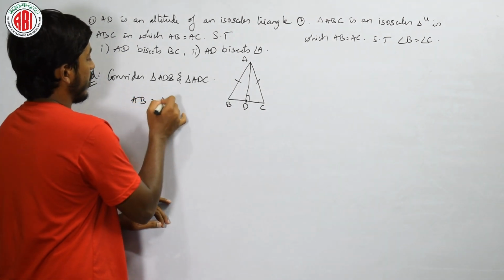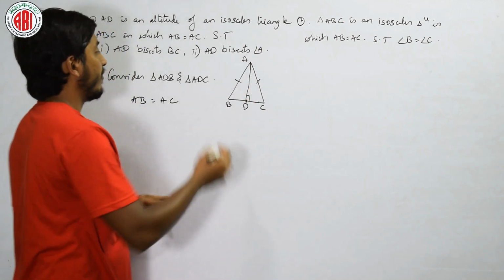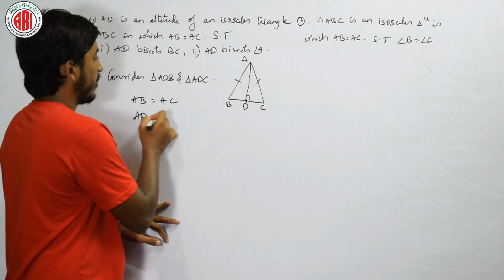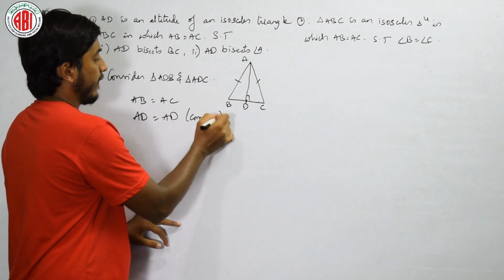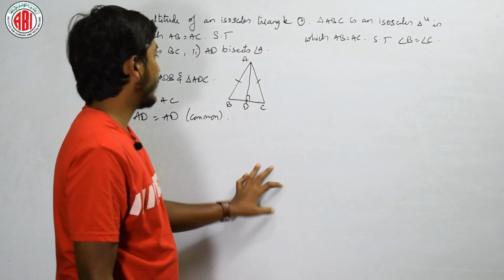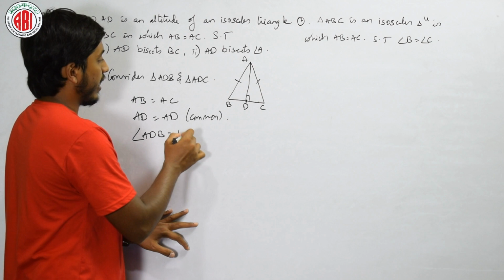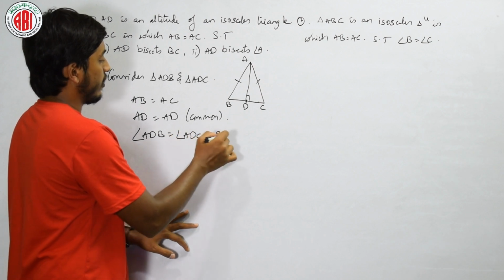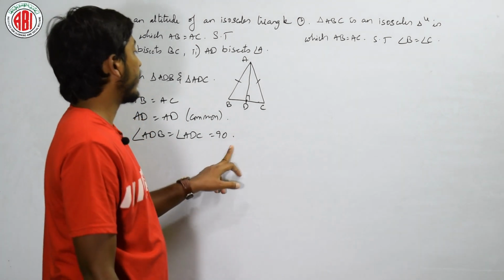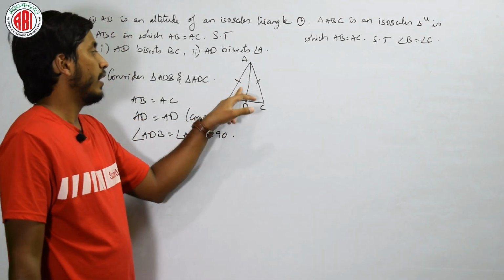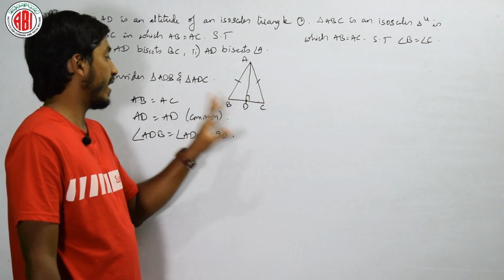AB is equal to AC, right? Yes or no? And one more thing, AD is common, AD equal to AD. And if we observe, angle ADB is equal to angle ADC, that is equal to 90. From this, the hypotenuse is equal, one right angle is equal and one more side is equal.